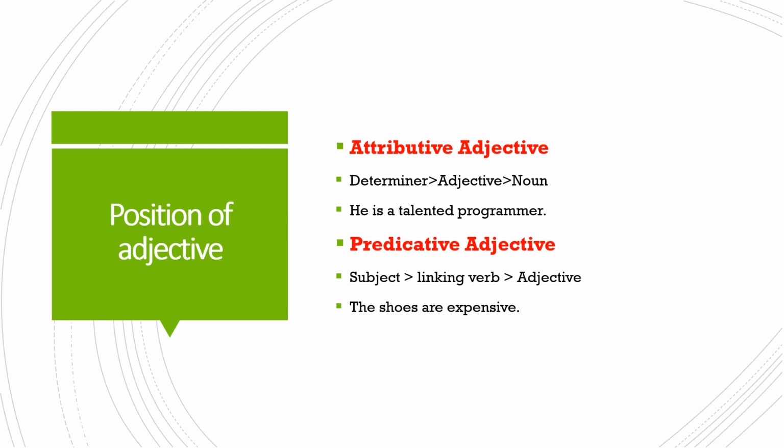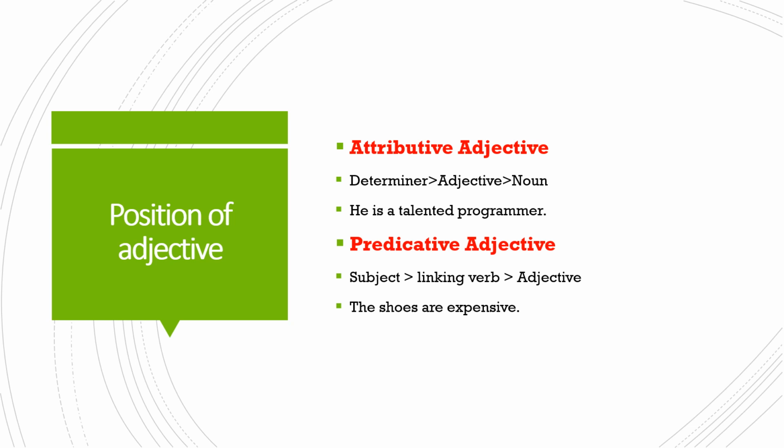As we all know, there are two positions of an adjective in a sentence: attributive and predicative. In the case of an attributive adjective, the order is, first a determiner, then an adjective, and then a noun. So this is how you can identify an adjective in a sentence.